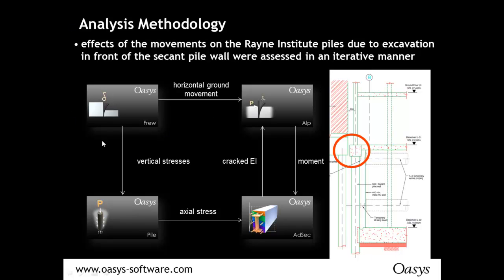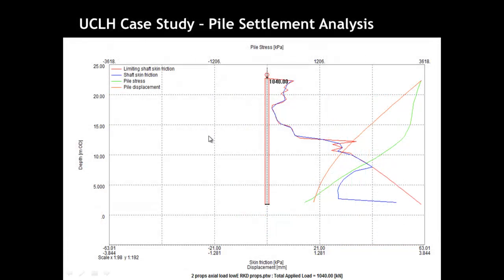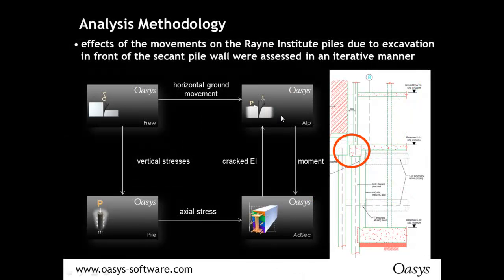And when they carried out the FREW design, they outputted horizontal ground movement and vertical stresses. So the horizontal ground movements were fed into ALP to then give information, for example, like moments, which was then used to calculate whether, for example, the actual basement construction was affecting the Rayne Institute pile. So an analysis was carried out in AdSec on the Rayne Institute piles.